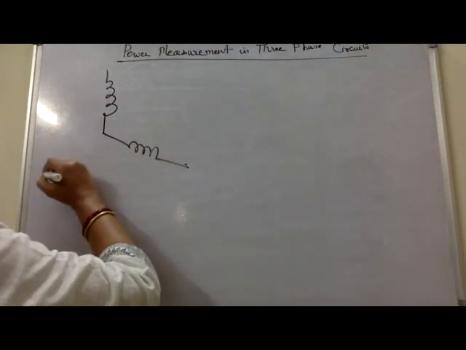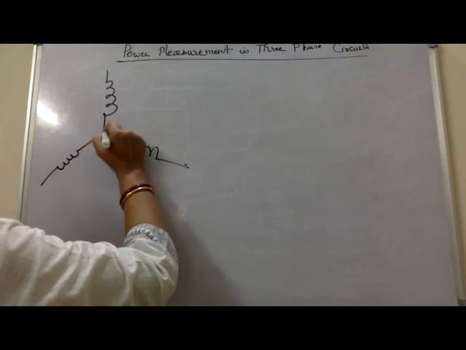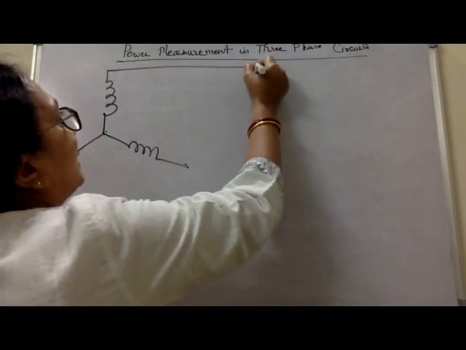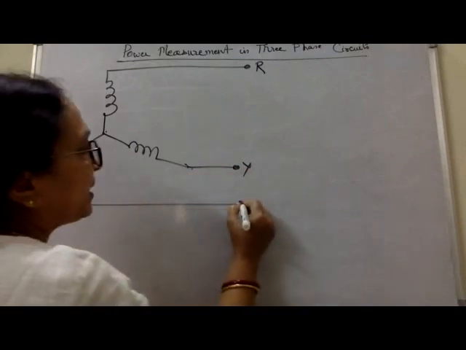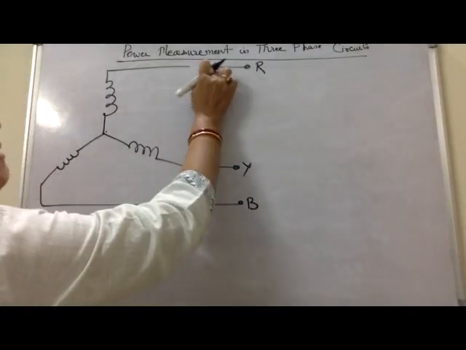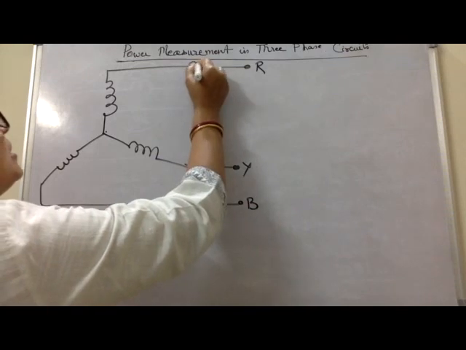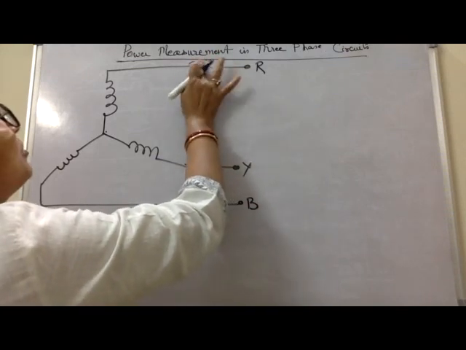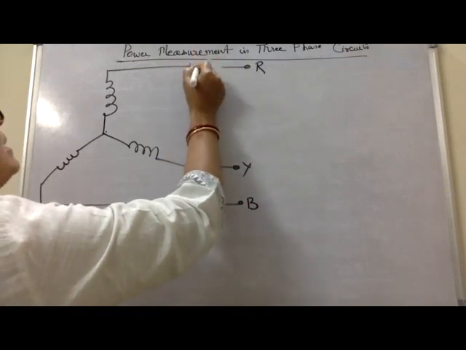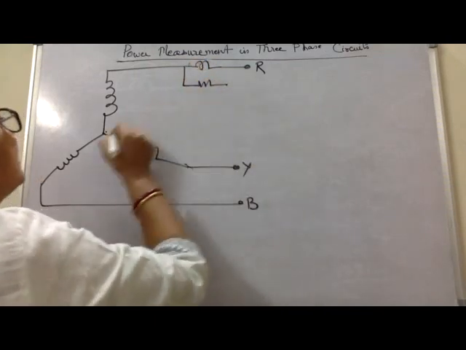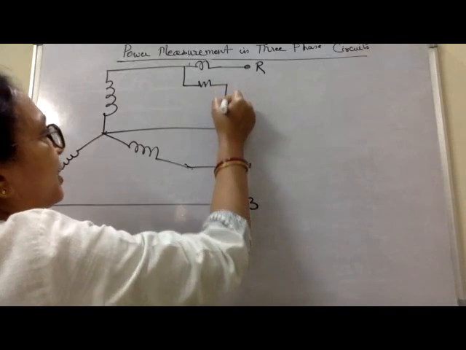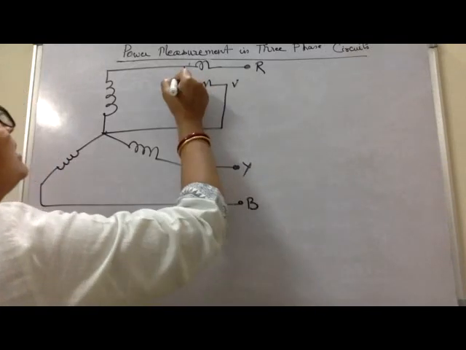Suppose these are the three phases R, Y and B. If we have to connect a wattmeter, over here we'll connect a wattmeter and this will be connected to the neutral point.